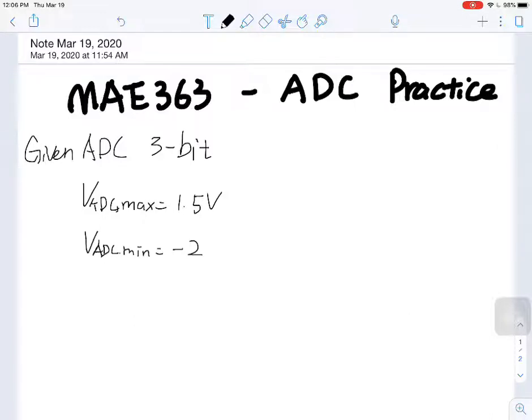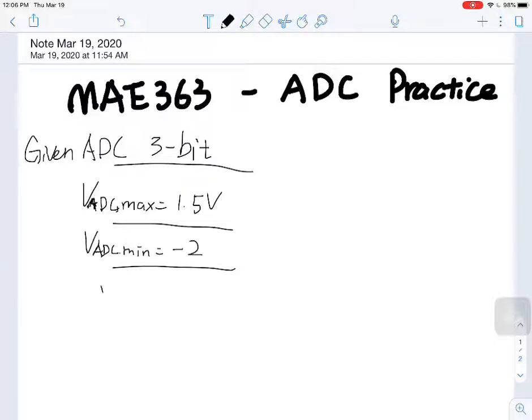That's the range of ADC voltage, and that information really depends on the ADC, the chip itself, right? You couldn't really do anything about this. This is kind of the equipment you have.